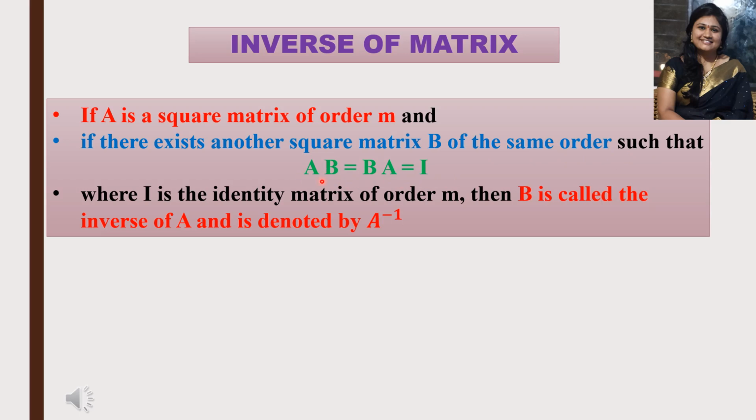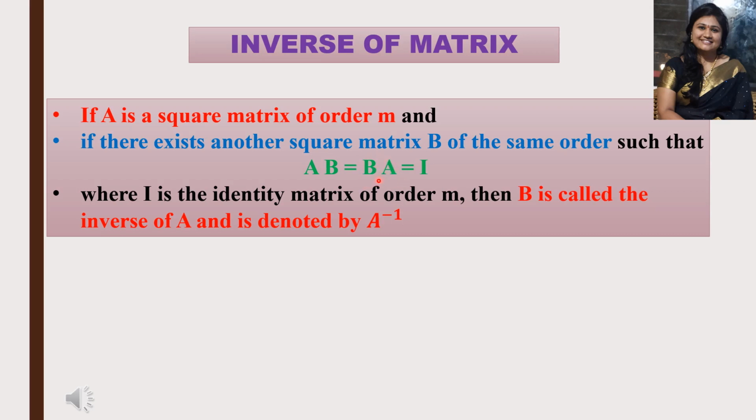Here if you consider A, then B is multiplied to this A as a post multiply. In the second, A is here, so B is multiplied as a pre multiply. So we pre multiply A by which matrix?